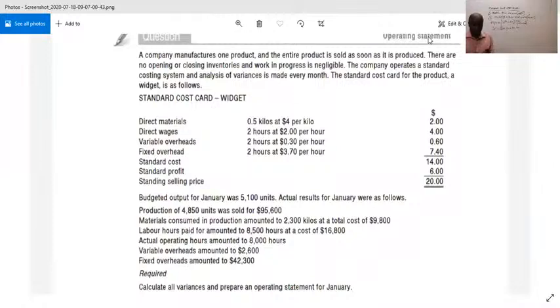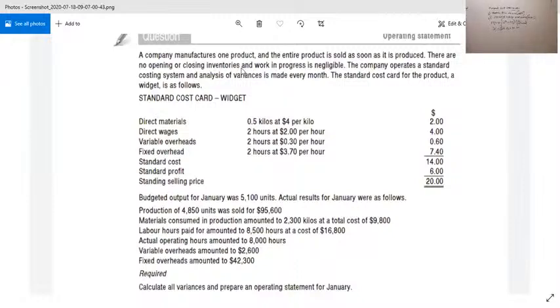Immediately after the first paragraph, we are told that the company operates a standard costing system and analysis of variances is made every month. And then they have given us the standard cost card for the product, which is a widget.